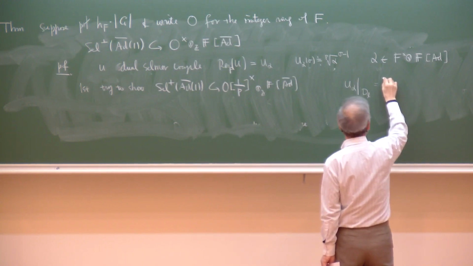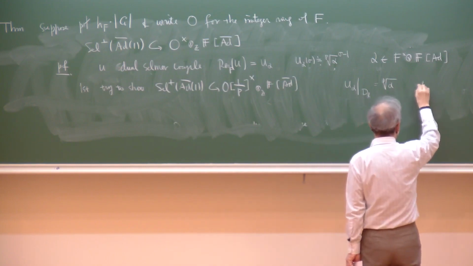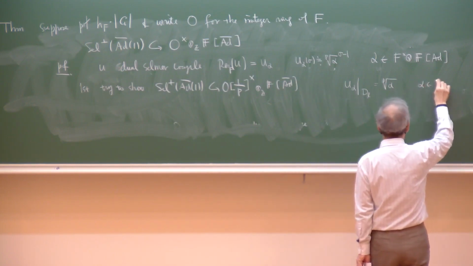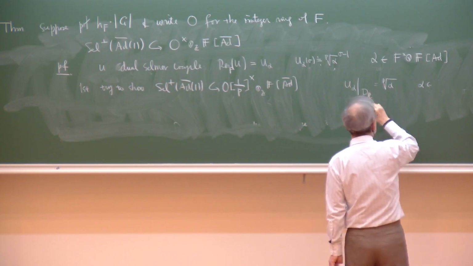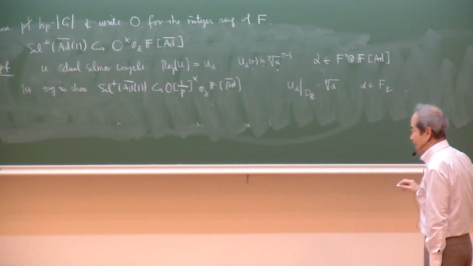I mean, essentially p-th root of alpha, but alpha regarded in maybe Gothic L, F Gothic L, right? Something like that.